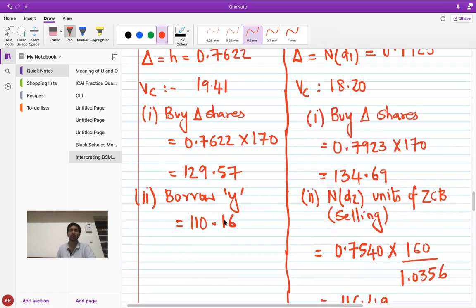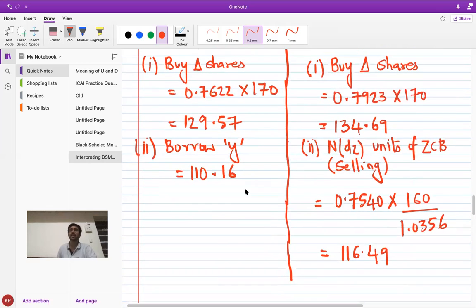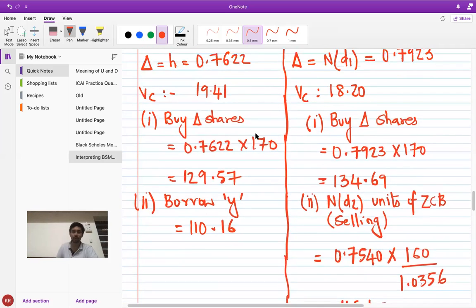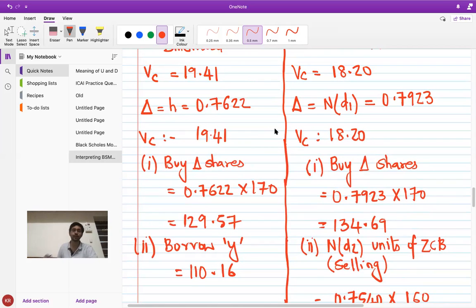So under binomial, the value of our borrowing is 110.16, whereas under Black-Scholes, the value of the short sold units is 116. So this has gone up by about 6 rupees, and the value of delta shares purchased has gone up by about 5 rupees, and there is a net reduction of 1 rupee, which you are able to see in the value of a call option.